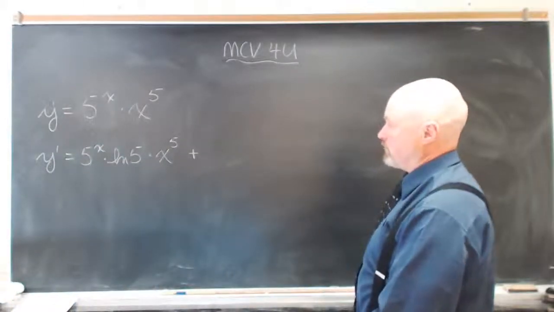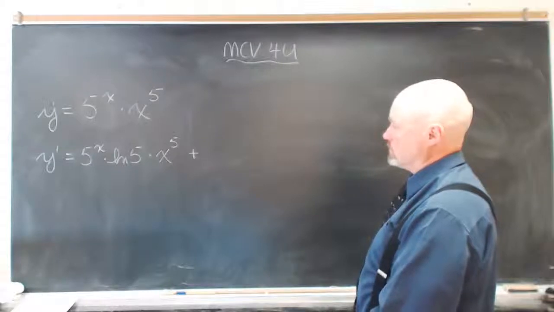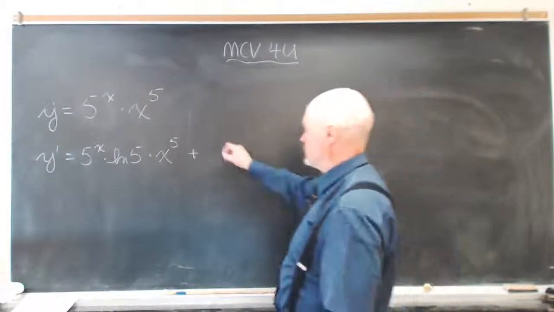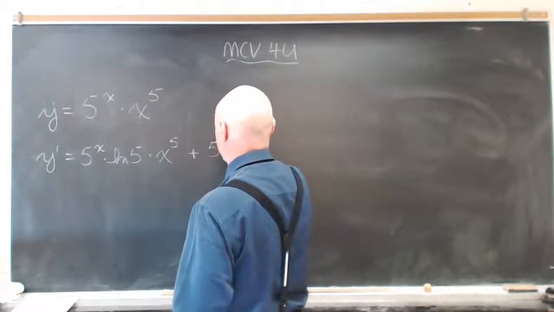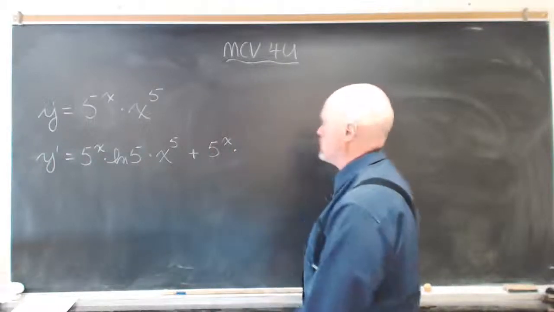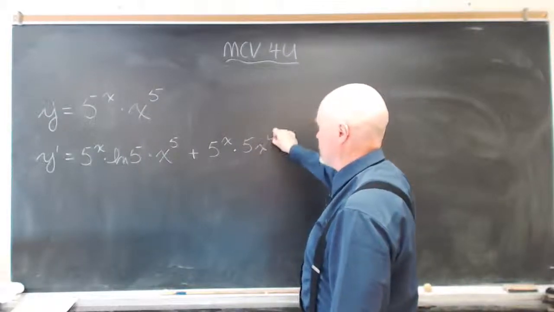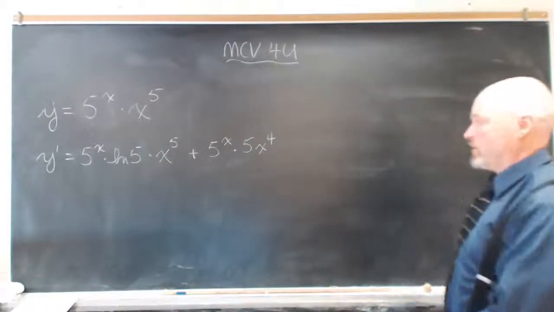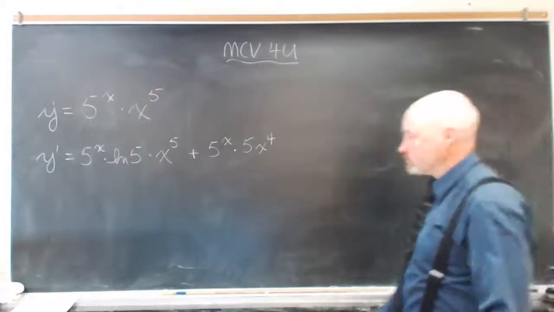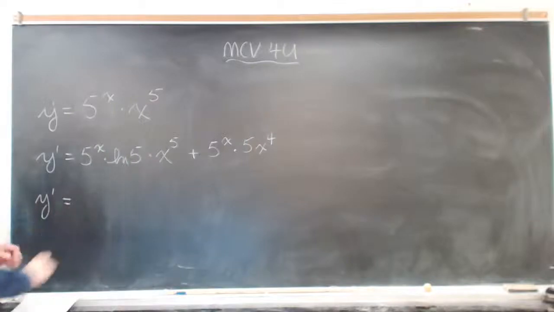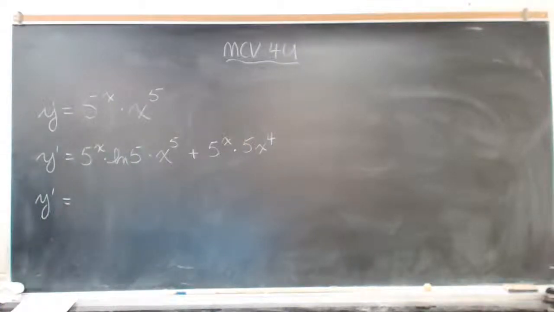So we did the derivative of the first times the second. I did first times second. Okay. 5x plus 4. Very good. And we'll do a little bit of factoring here. Common factor in both terms.